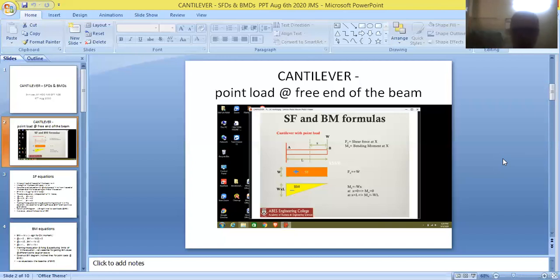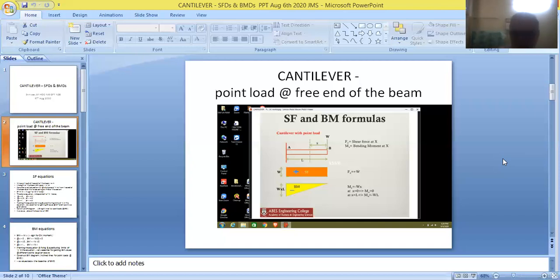Point C can be taken as the middle limit of these values. So this is the point where x is equivalent to 0, and this is the point where x will be equivalent to small l or capital L. And point C, this is the point where the x value will be equivalent to L by 2.